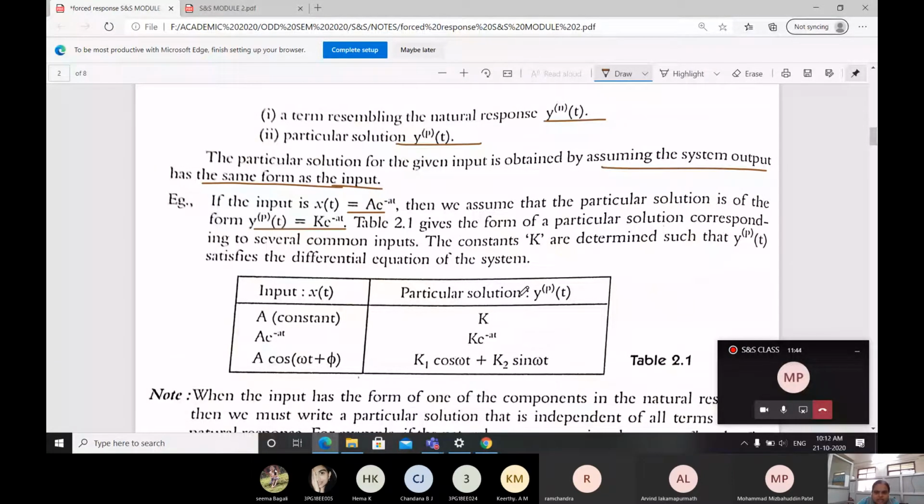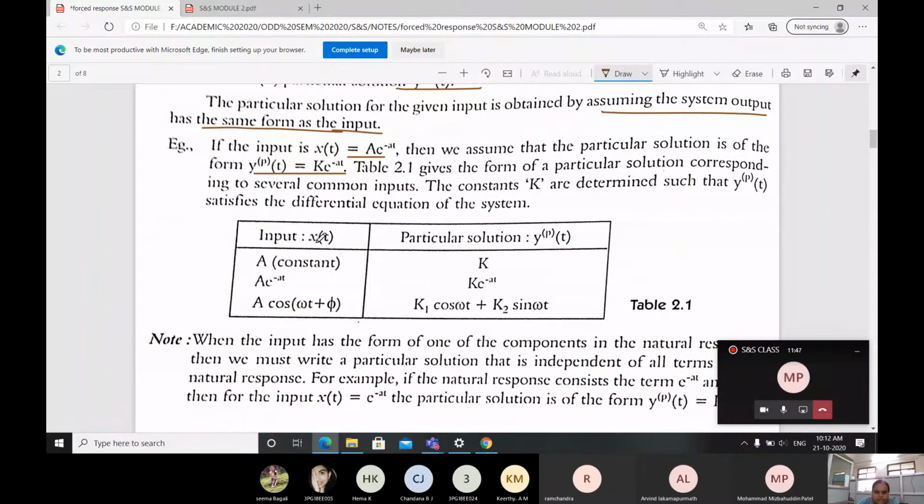Here is the table based on the input. If the input x of t is a constant value, then the particular solution is k. If the input is a into e raised to minus at, then we take the particular solution as k into e raised to minus at.